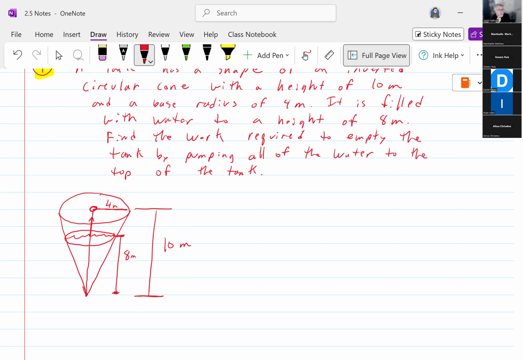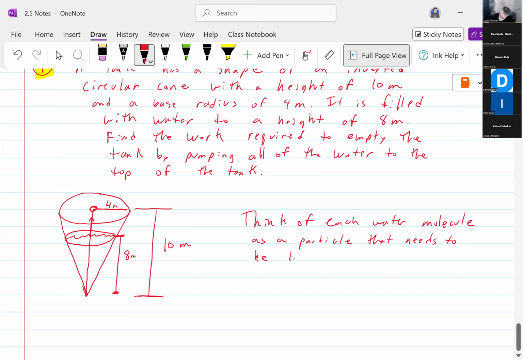So think of each water molecule as a particle that needs to be lifted out of the tank.